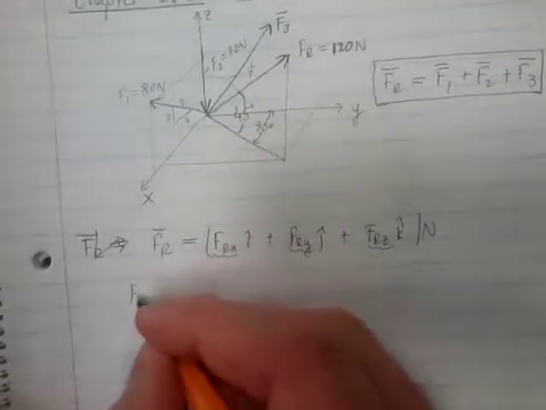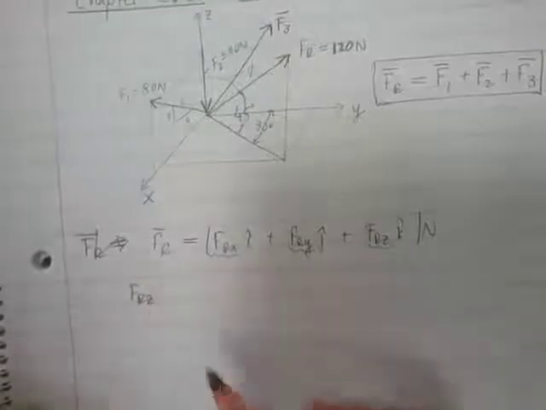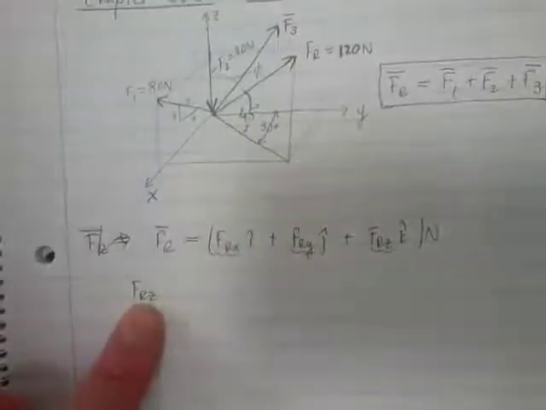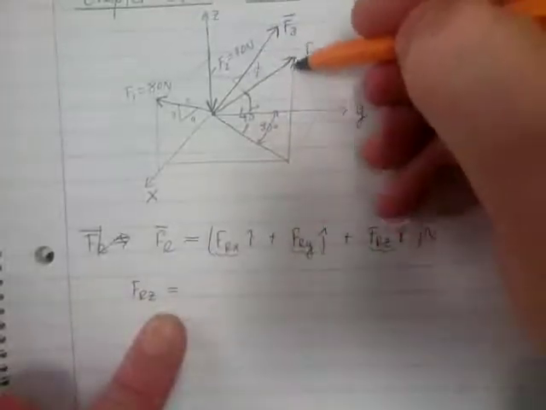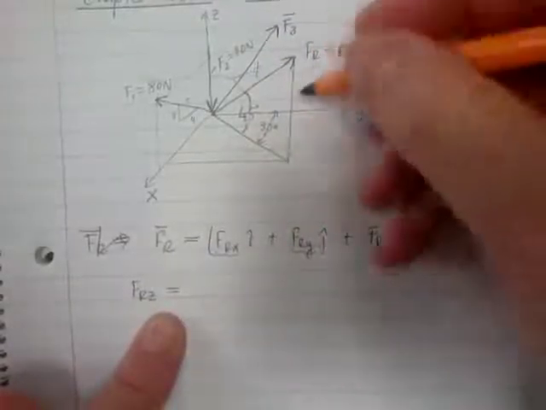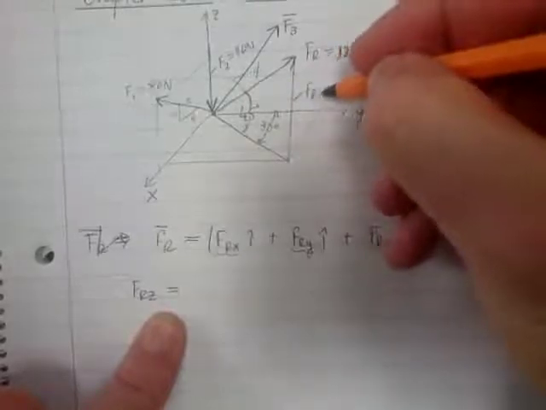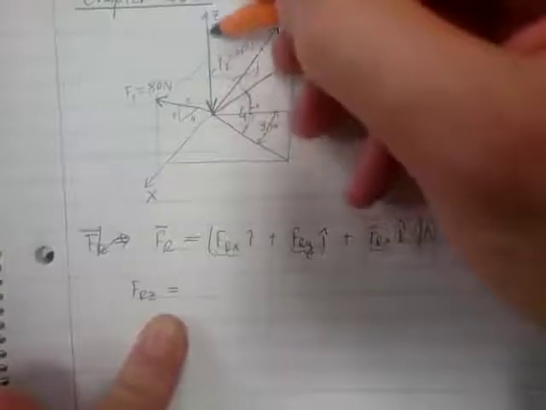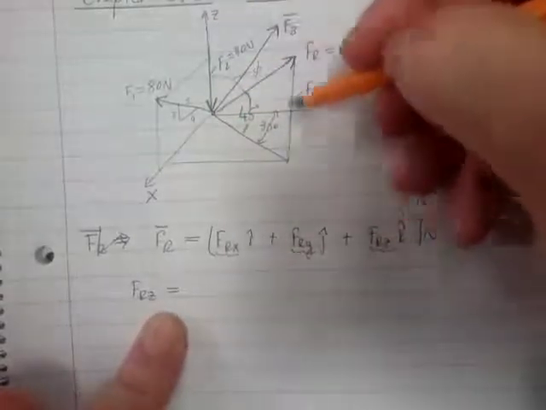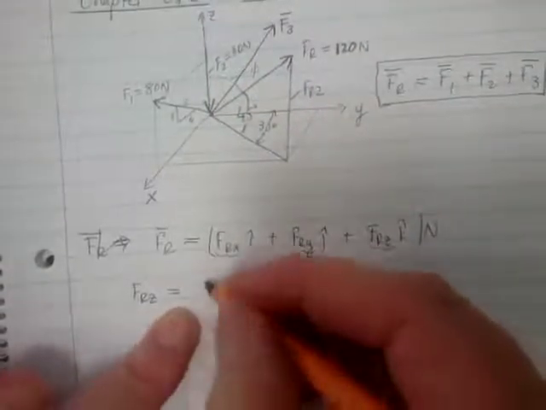Let's look straight away at Frz, because that is always the easiest and the quickest. Frz is this vertical component. Can you see that? It's basically the component along the z-axis. So how do we calculate that?